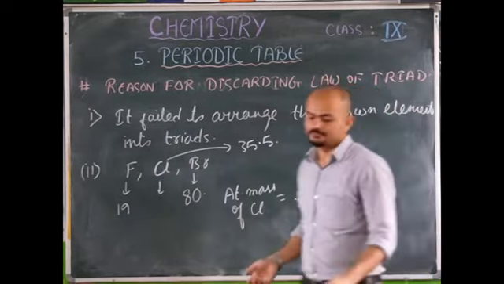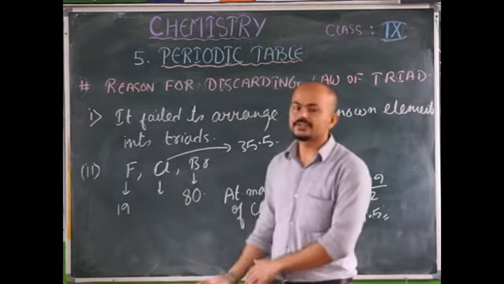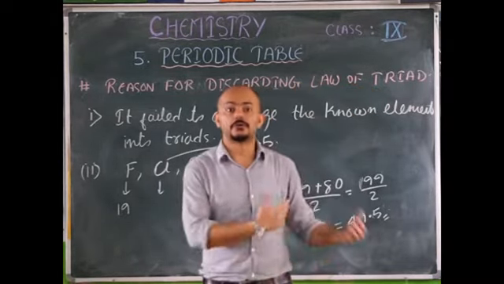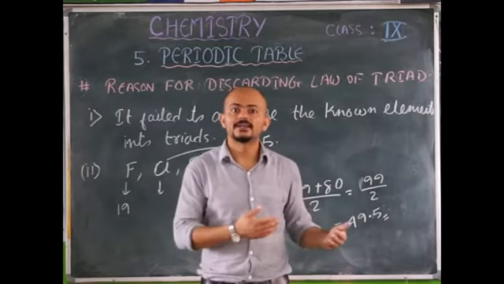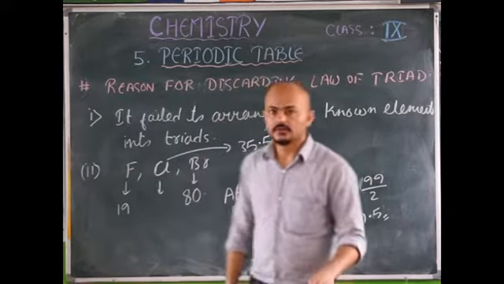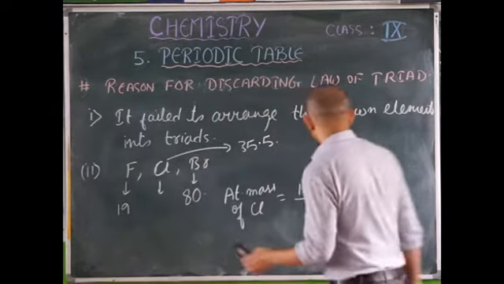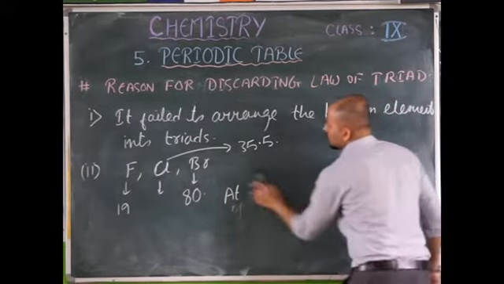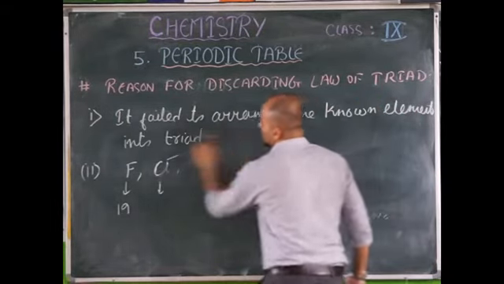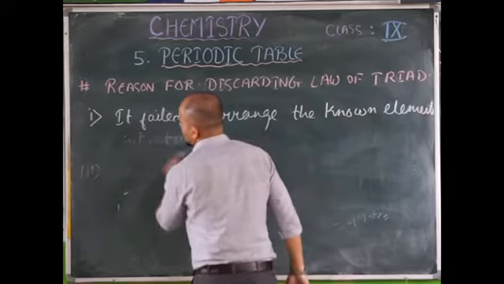So, because this law failed, there was another theory, another law given by another scientist. And that law we are going to discuss now. That is known as Newlands' law of octaves.